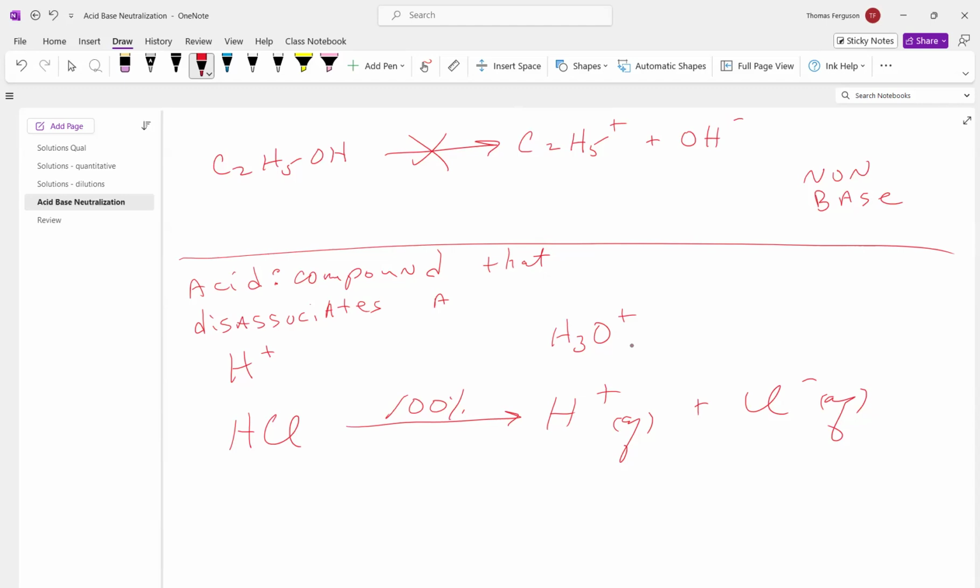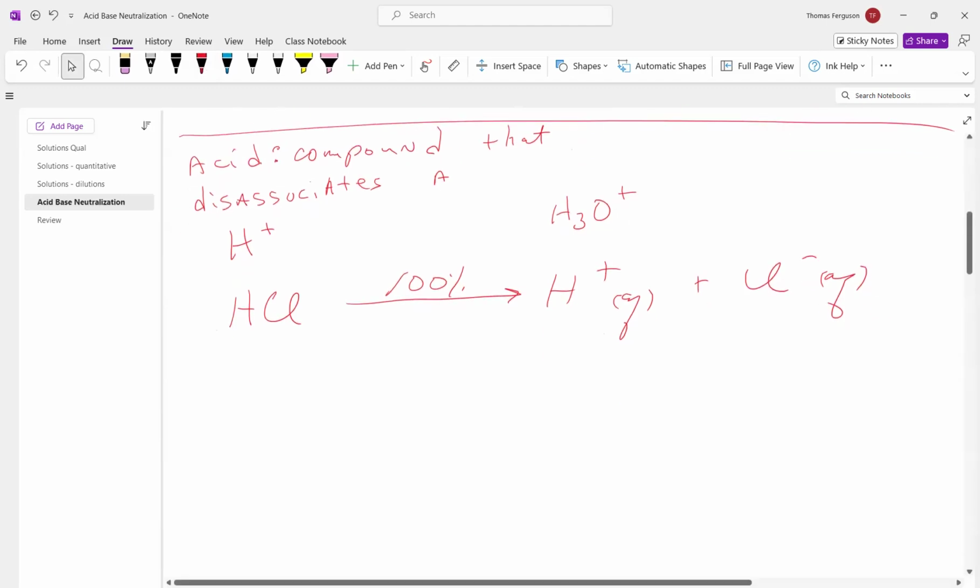So when I say 100% strong acid, that means everything comes over 100%, just like with a strong base. Then there's weak acids, just like weak bases. Part of it comes off, part of it stays together, like acetic acid, vinegar. That's a classic weak acid.